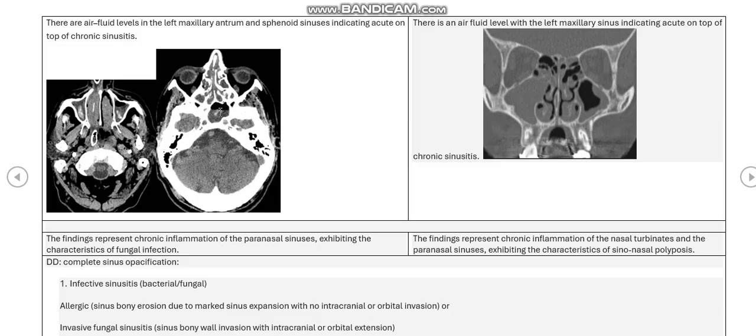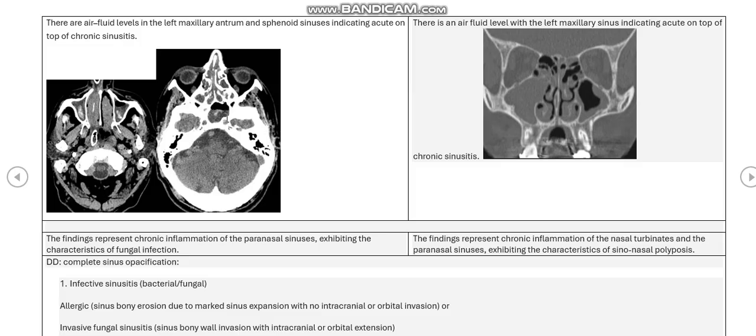Why? Because this is acute sinusitis and there are areas that show mucosal thickening. So this is acute because of the air fluid level on top of chronic because of the areas of mucosal thickening. Okay, acute on top of chronic sinusitis.